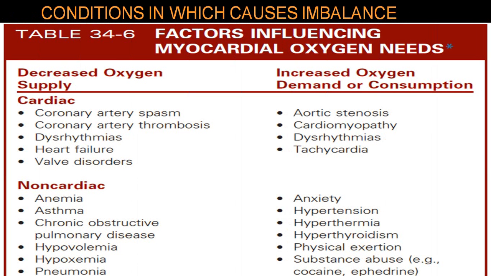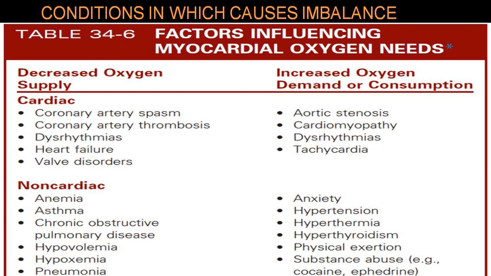This we have already shown you before: decreased supply because of coronary artery involvement, coronary artery spasm, thrombosis, or cardiac causes like tachyarrhythmias, congestive heart failure, severe valvular heart disease, and non-cardiac conditions like anemia, asthma, all of which will have a decreased oxygen supply.